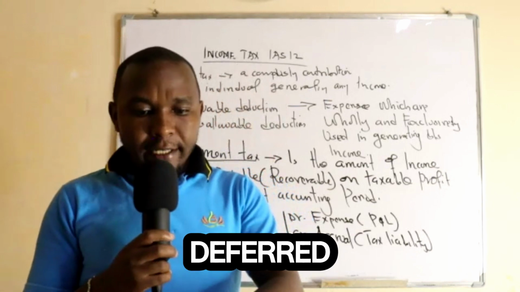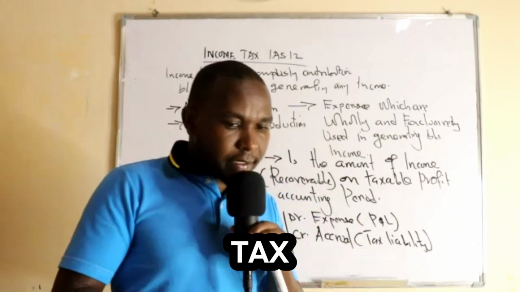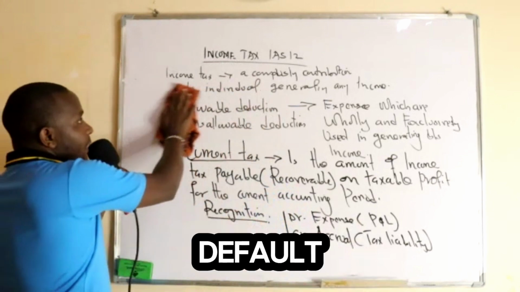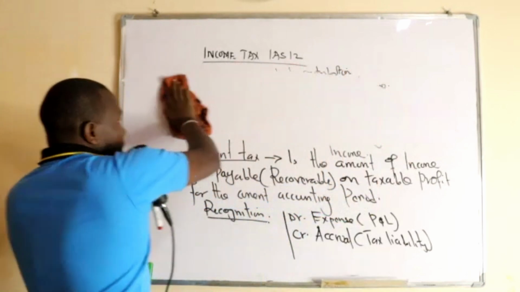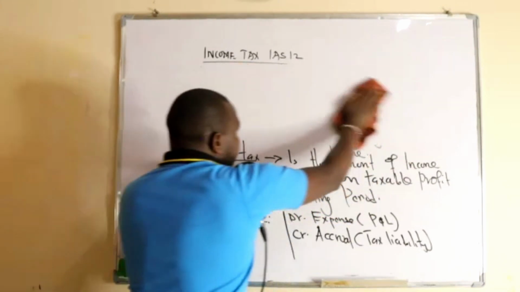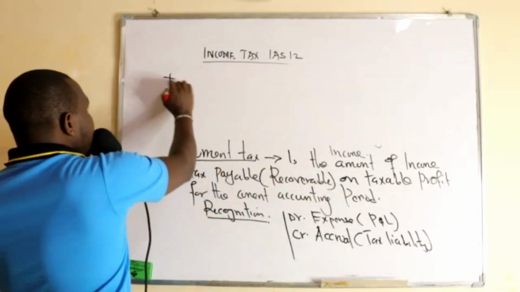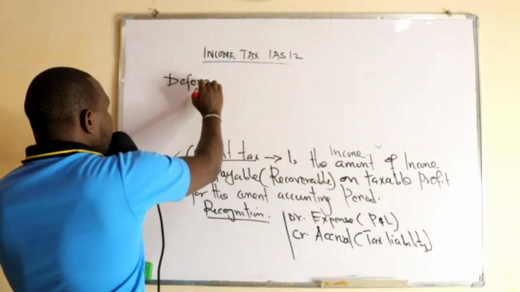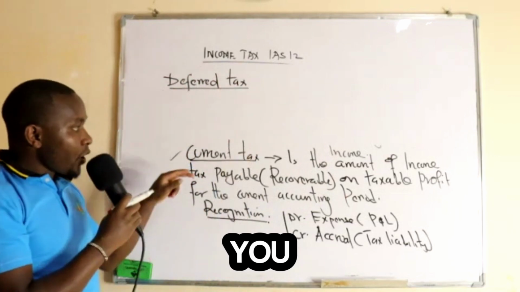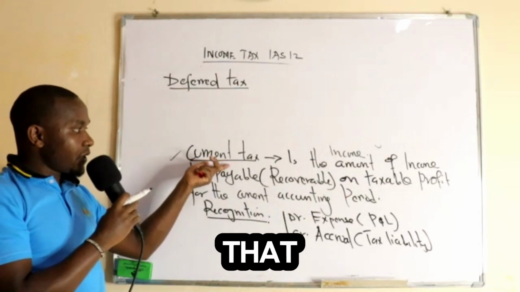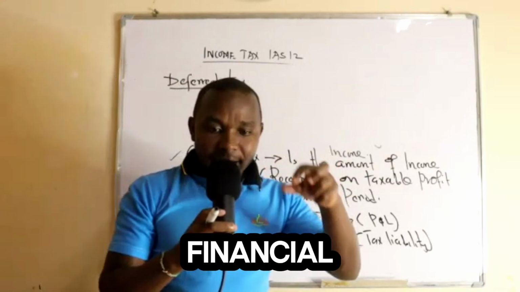Let's have another term called the deferred tax, from the word deferred. A good example is that you are to pay 1 million in that current financial year.